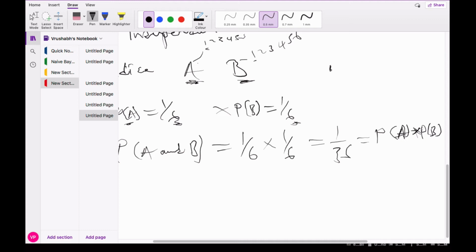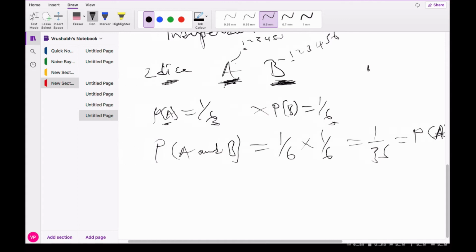Now, there are 2 independent events, that is, there are 2 different dice. So me getting 1 on dice A has nothing to do with me getting anything on dice B. Whatever you get from dice A has nothing to do with this one.